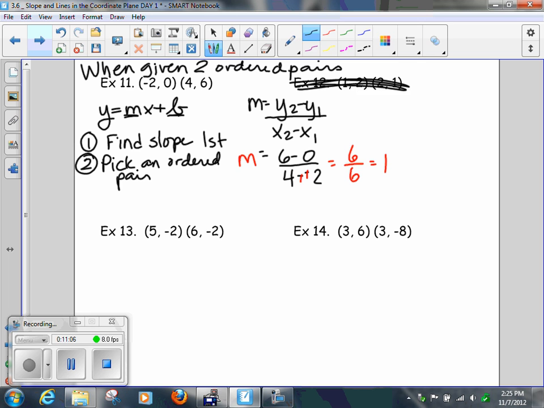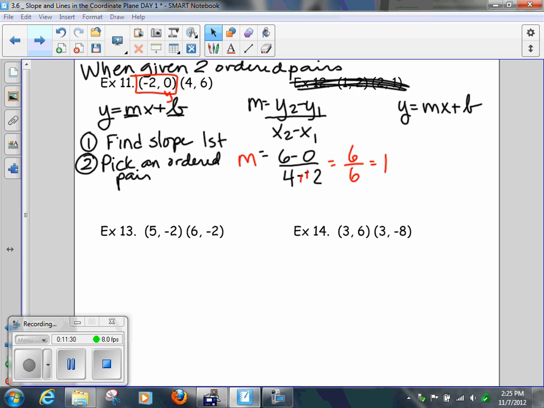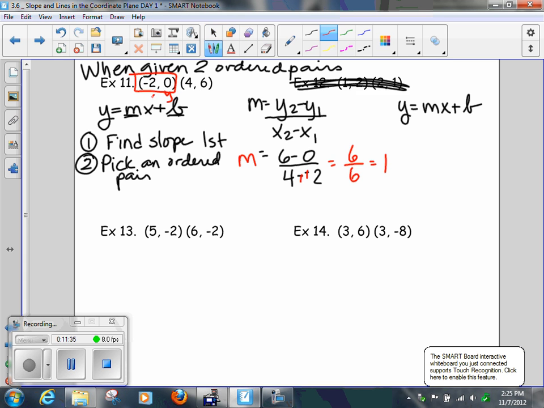So I'm going to put a box around that first one, and now we're going to go back to y equals mx plus b. Do I have a y value that I'm going to put into that equation? What is it? 0. It's coming from my ordered pair, boxed up, right?